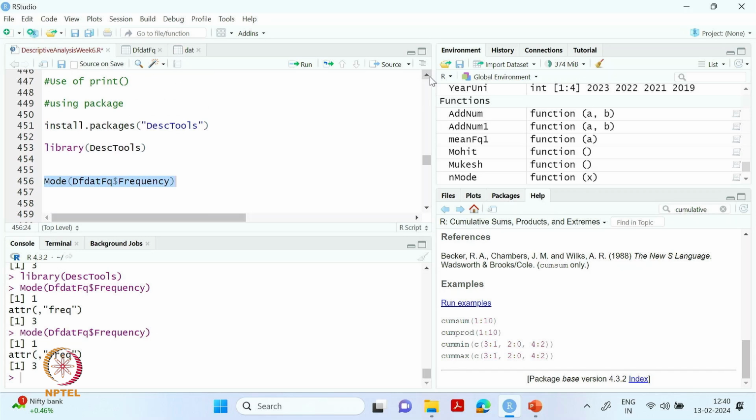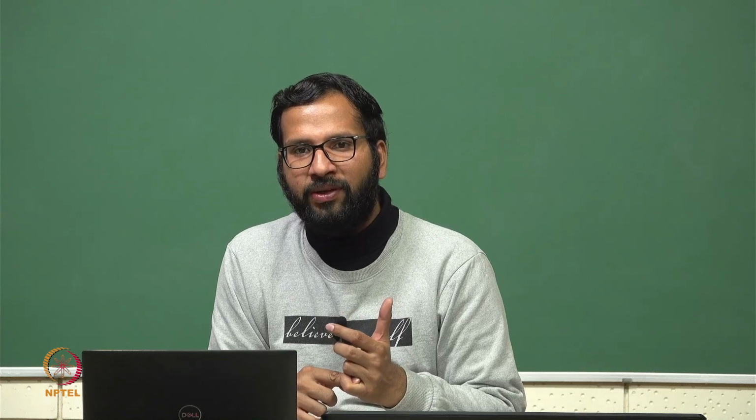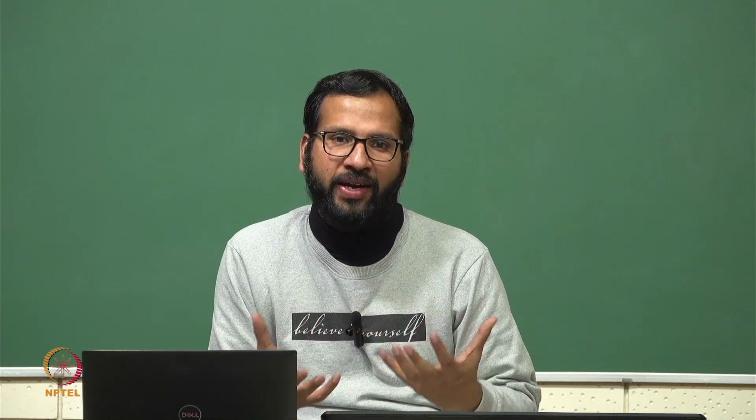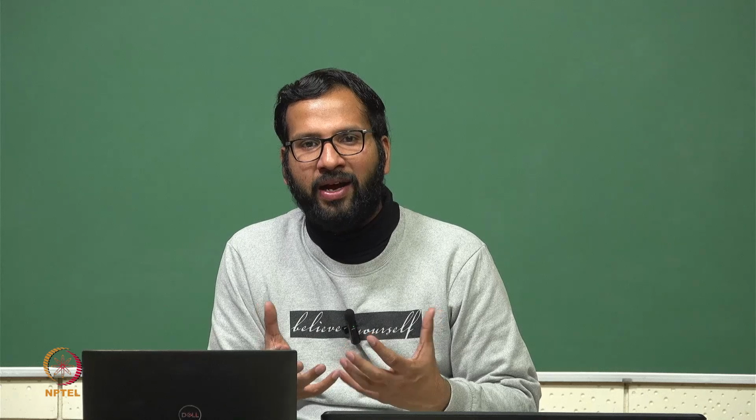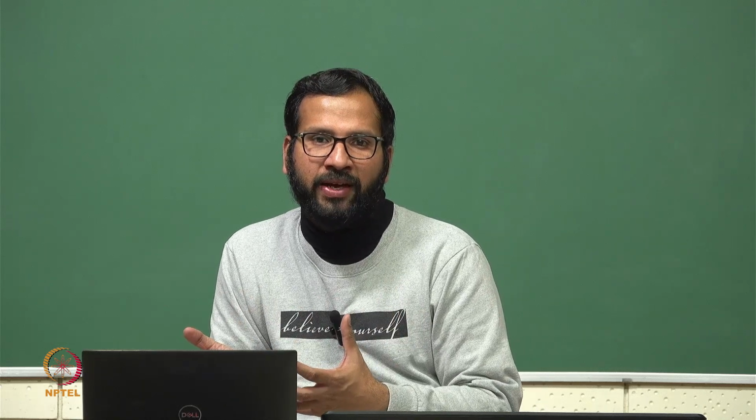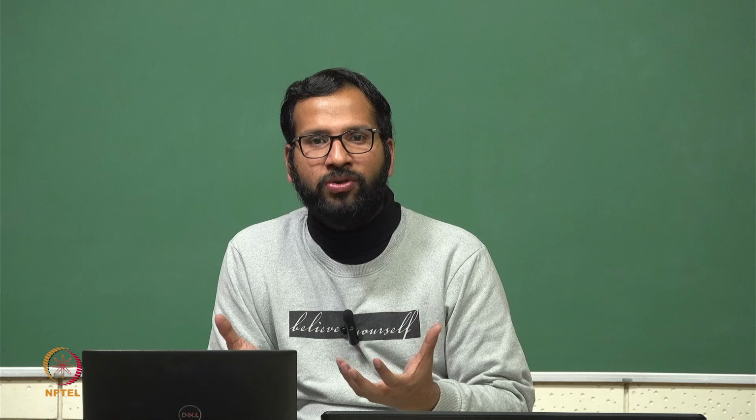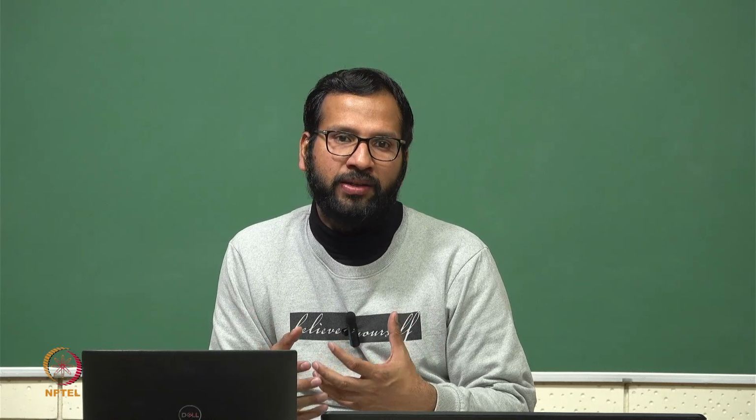So this is about the three measures of central tendency: mean, median, and mode. We have discussed how we can create our own functions, that there are some inbuilt functions, and also how we can use functions from an external package.